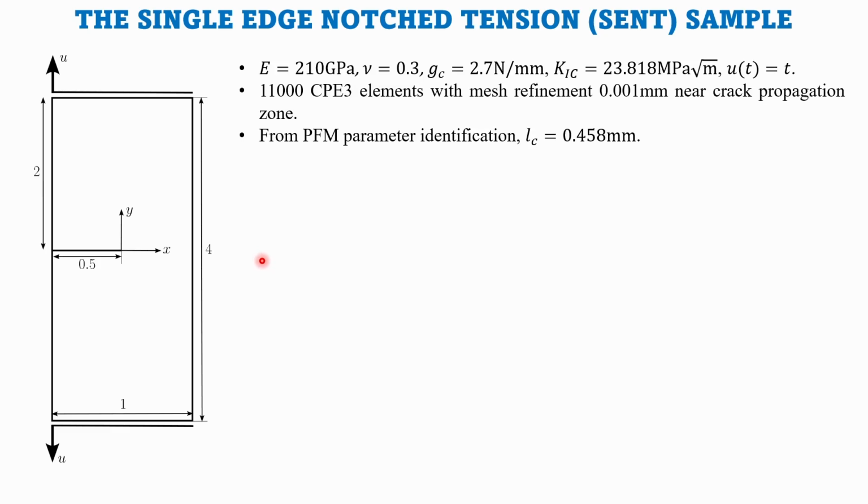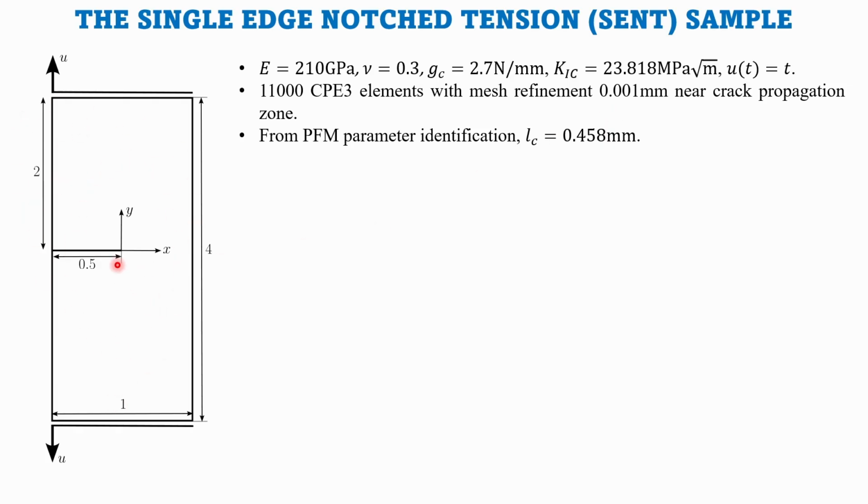We have these material parameters: E, nu, and GC, which is the material GC for this scenario. K sub 1C is the fracture toughness, or the mode 1 fracture toughness. This is a mode 1 problem.